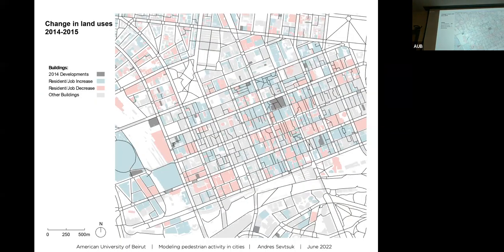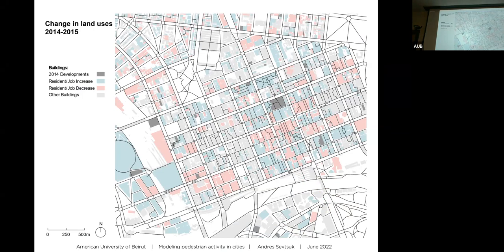So here you see pretty faded out colors, but essentially, all the buildings or properties that are shown in blue had an increase in jobs or residences over a one-year period from 2014 to 2015. And those that are shown in red had a decrease or drop in population or jobs within the one-year period.